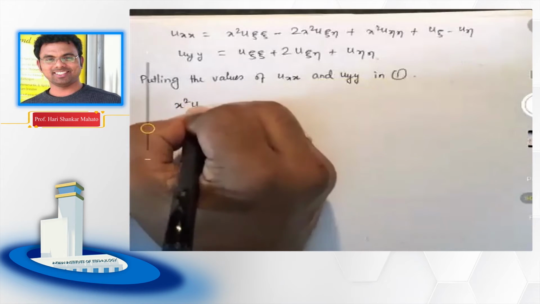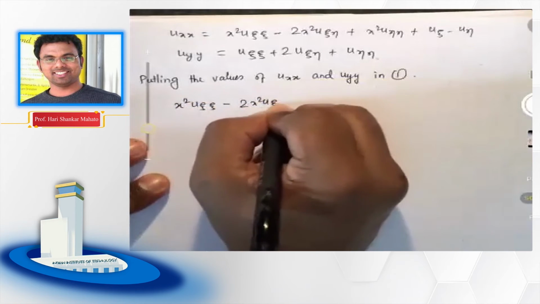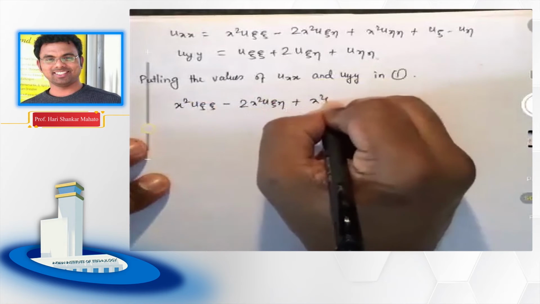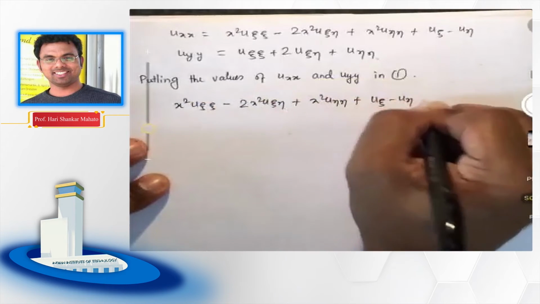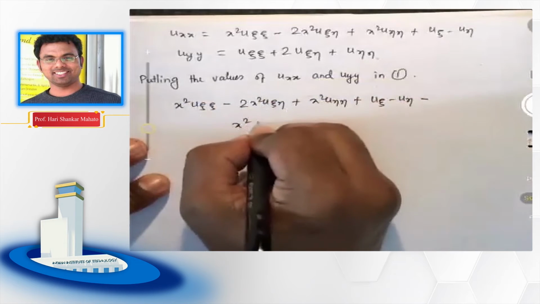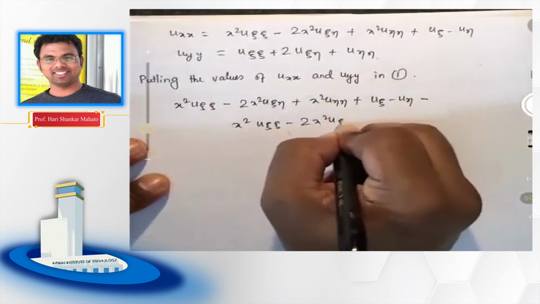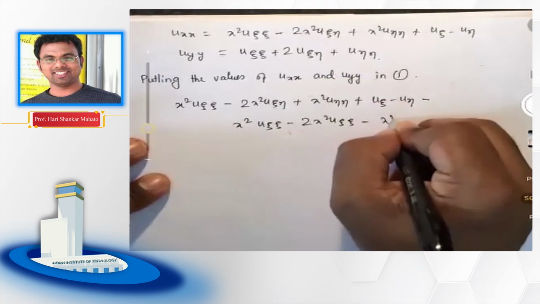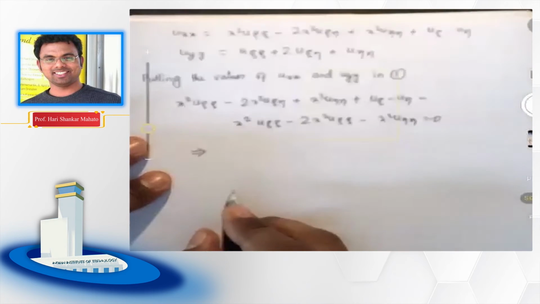x square u_xi xi minus 2x square u_xi eta plus x square u_eta eta plus u_xi minus u_eta, minus x square times u_xi xi minus 2x square times u_xi eta minus x square times u_eta eta, equals 0. I can see some cancellation of terms.